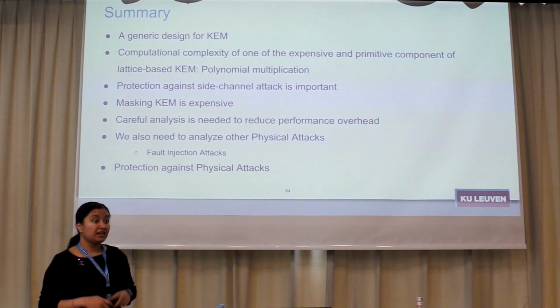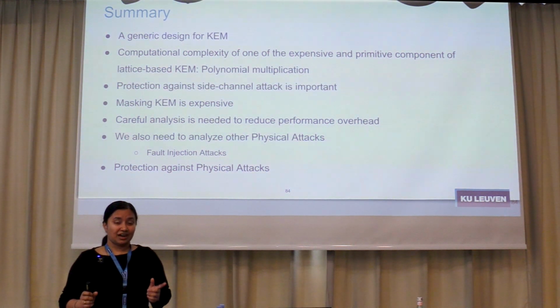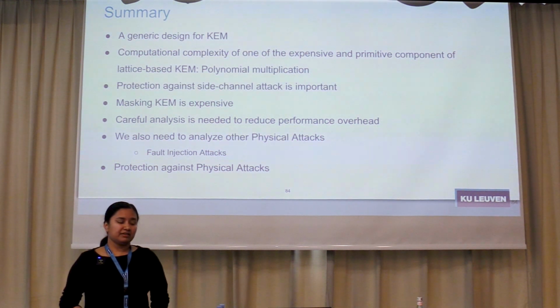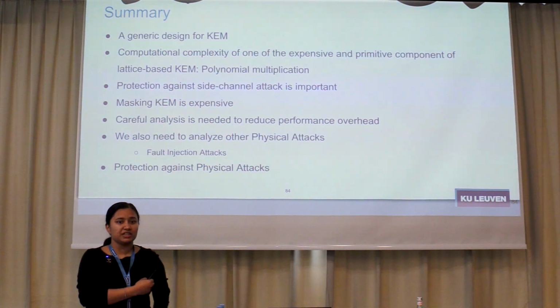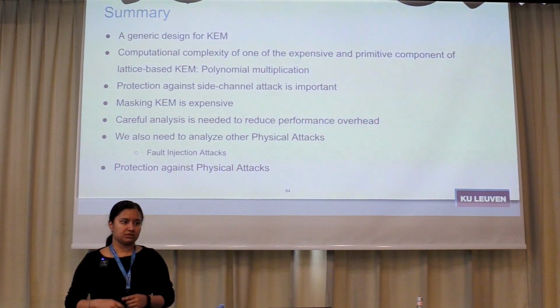The Fujisaki-Okamoto transformation is a very hard component to protect, and there have been many attacks on countermeasures, so we really need compact analysis and countermeasures, I feel.